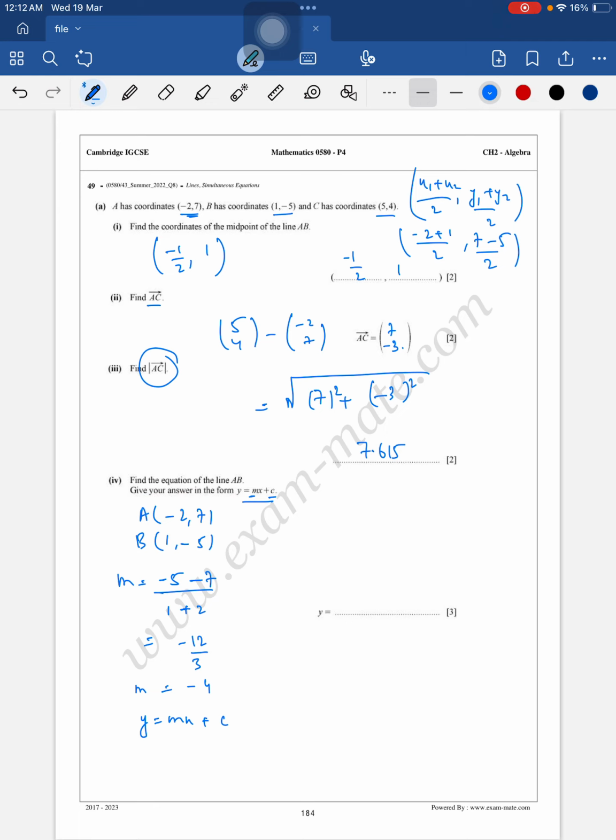So y is 7, m is minus 4, x is minus 2, plus c. 7 is equal to minus 4 into minus 2, which is positive 8, plus c. c is equal to 7 minus 8, minus 1, right? c is equal to minus 1. So we have got c, we have got m. So y is equal to, m is minus 4, x and c is minus 1. y is equal to minus 4x minus 1.